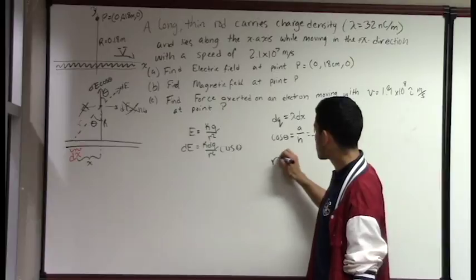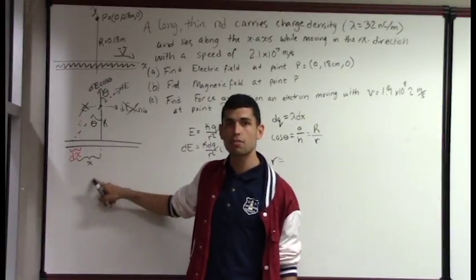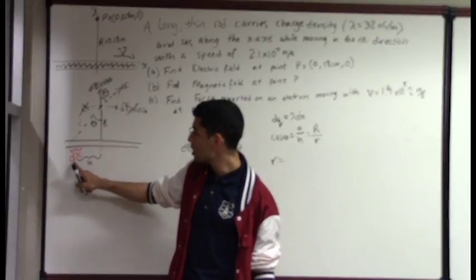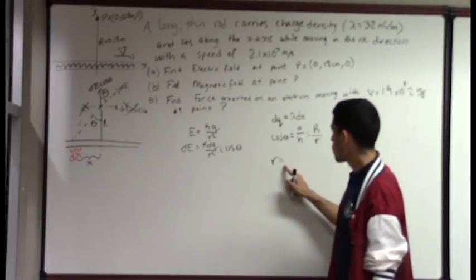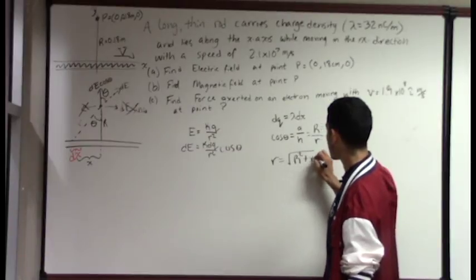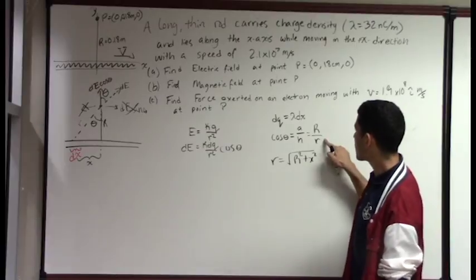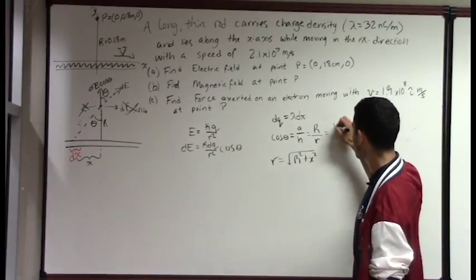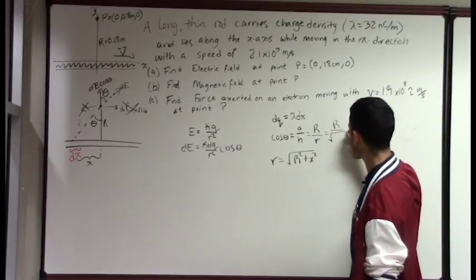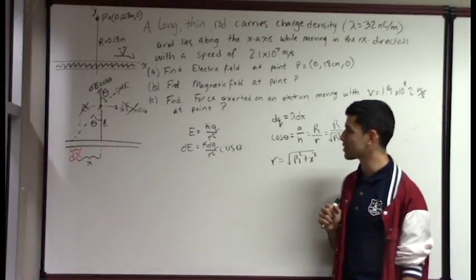We can see that if we have x as the length from the center of our rod to our infinitesimal charge, we're going to have lowercase r equal to the square root of r squared plus x squared. Replacing that here, cosine of theta is r over the square root of r squared plus x squared.